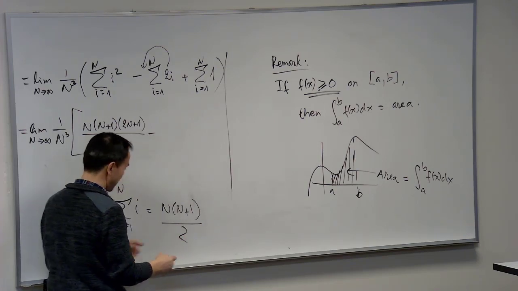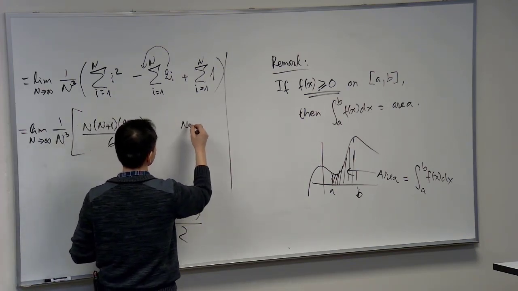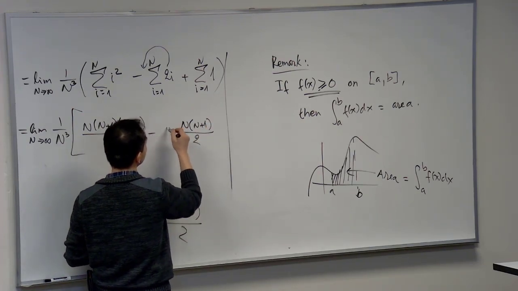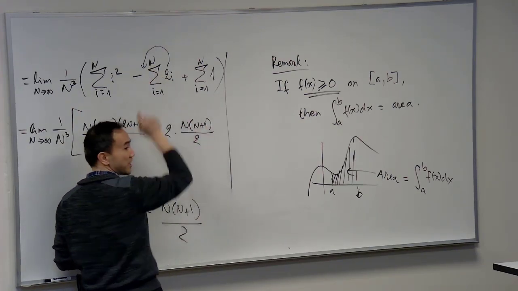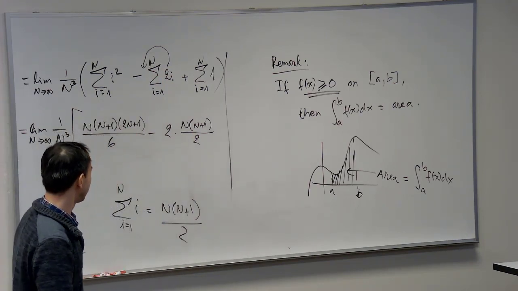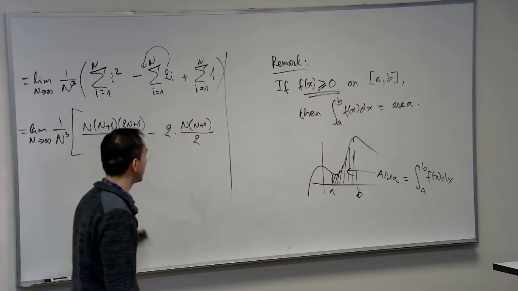Remember this? From that result, I'm going to bring it in here, making it n times n plus 1 over 2, multiplied with that extra 2 that we treated as a coefficient in front. See what I'm saying then? And then there's one more step.